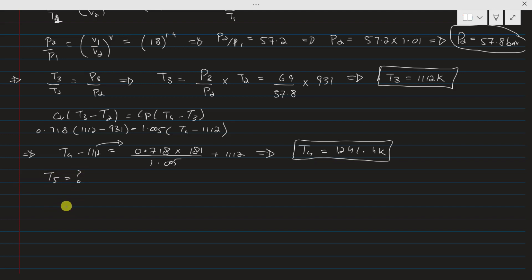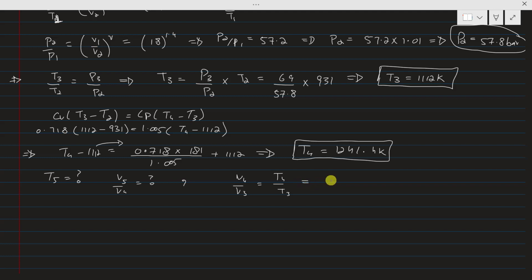To find the T5 value, we first need the ratio of V5 by V4. V4 divided by V3 is equal to T4 divided by T3.